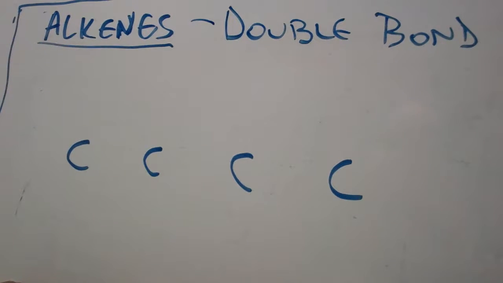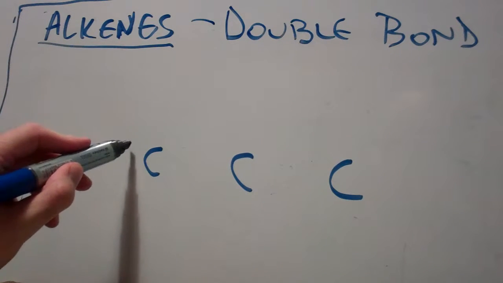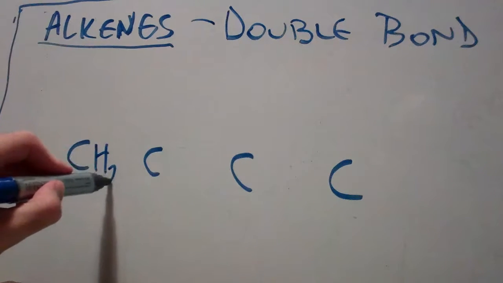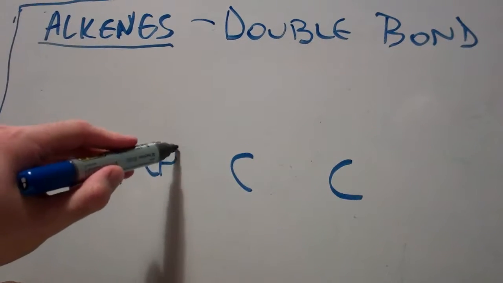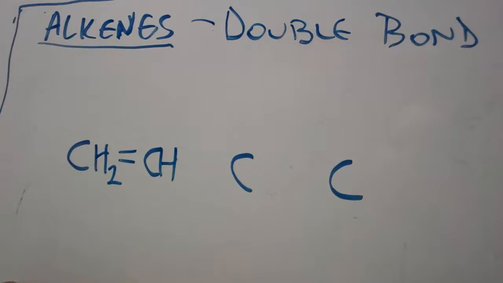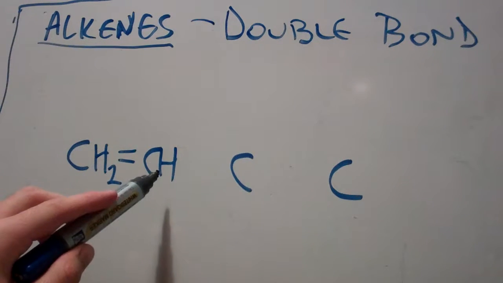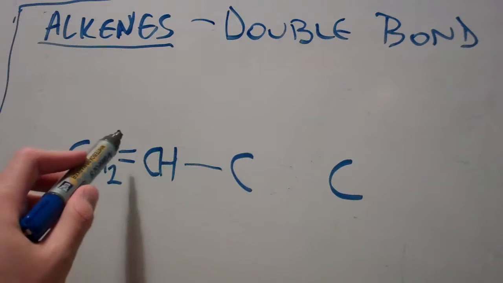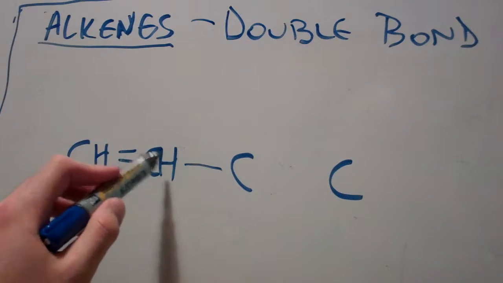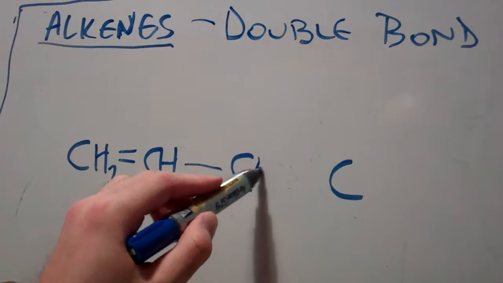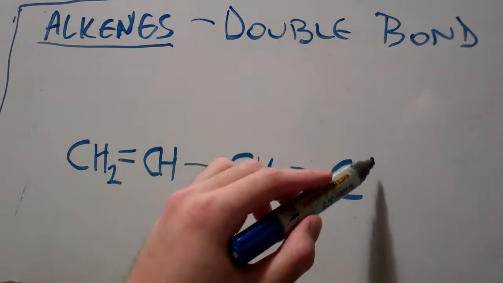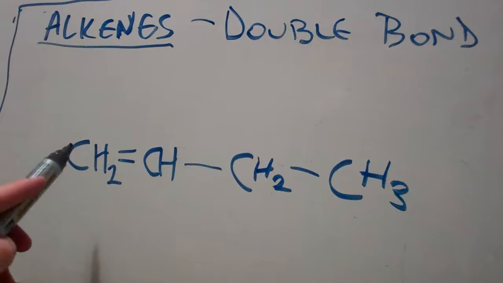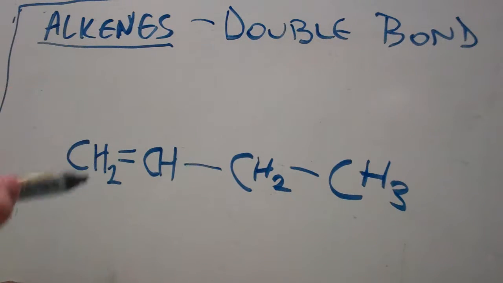Okay, so if we put the double bond here, then we only require a single H on this carbon here, because there is another bond here, and that makes 1, 2, 3, and 4. Here we still have CH2, and on the end we're going to have CH3.